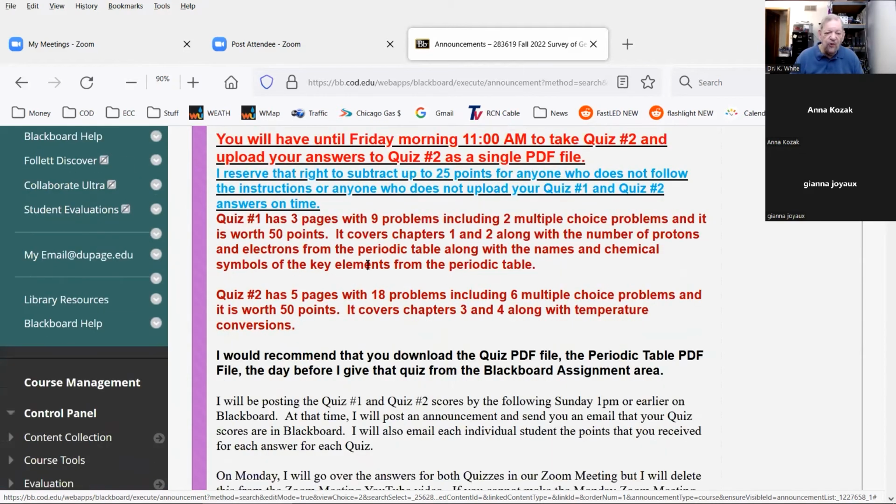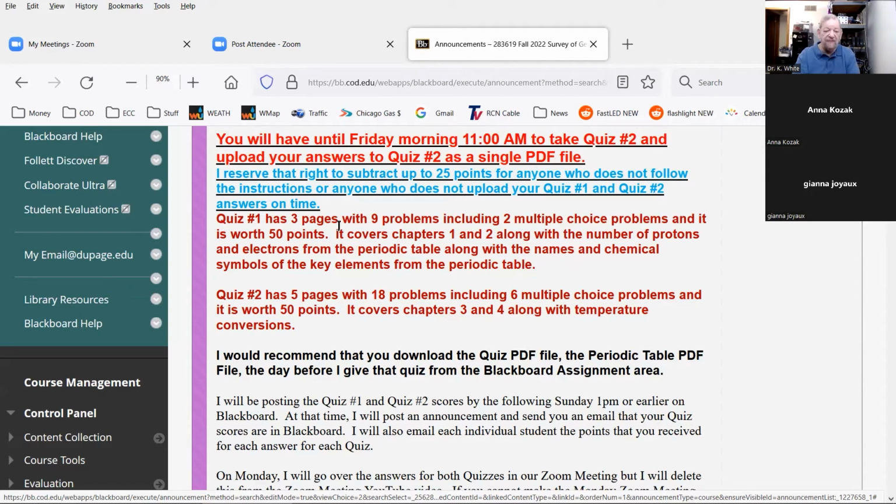Now, quiz 1 has 3 pages. I didn't include important information because there was nothing in that quiz that you need important information for. All right, it has 9 problems. 2 of them are multiple choice. The rest are some multiple part, and it's worth 50 points.